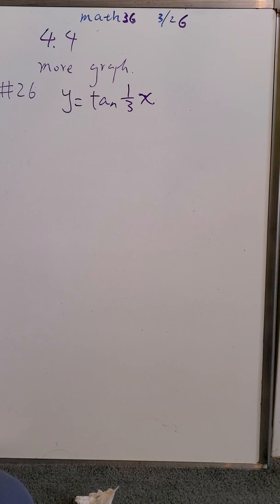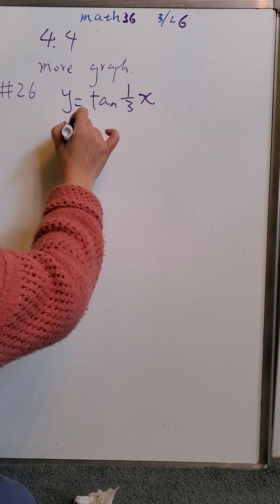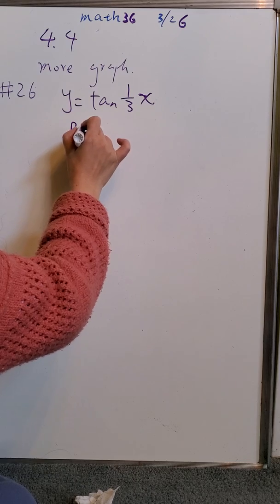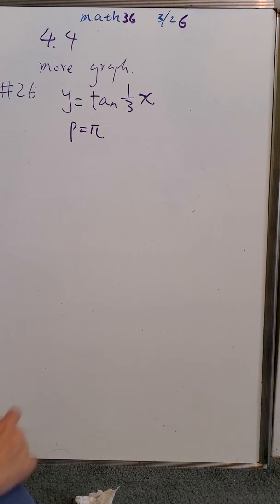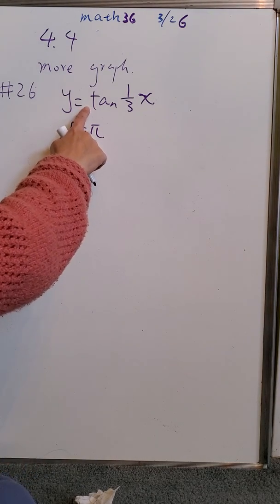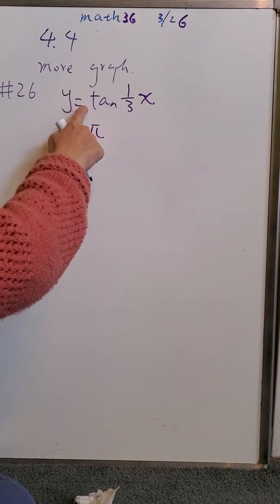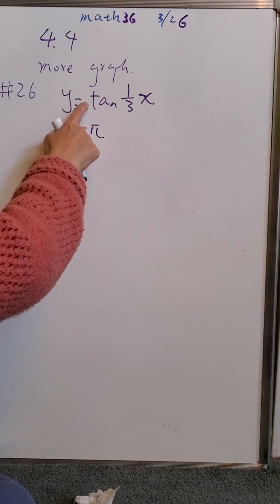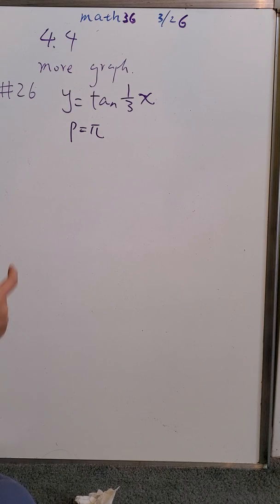Now tangent. To graph a tangent graph, the one thing we need to remember is that for tangent, the period P is equal to pi, not 2 pi. And there's no amplitude here either. The number in front is not for amplitude. I'll tell you how to do it if there's a number in front, but this one doesn't have it.